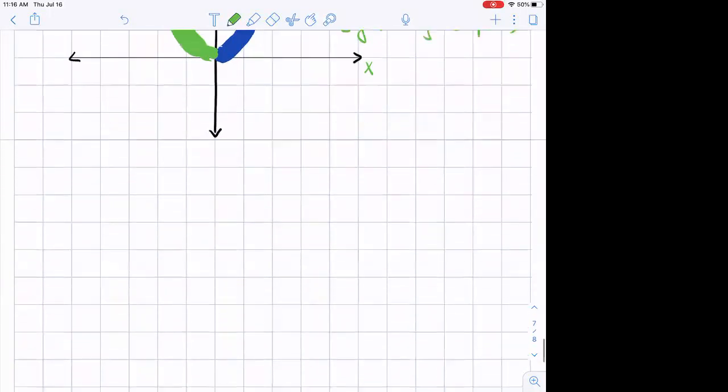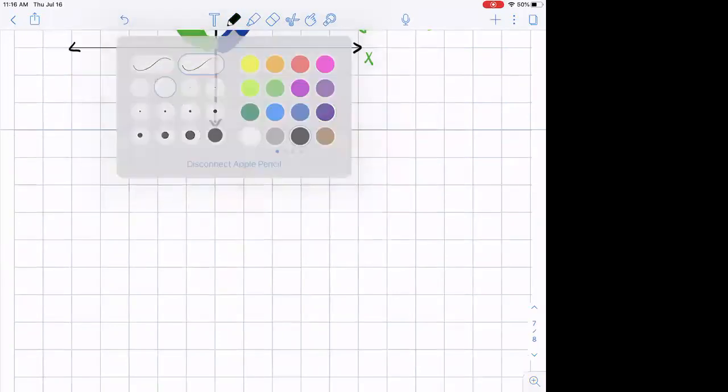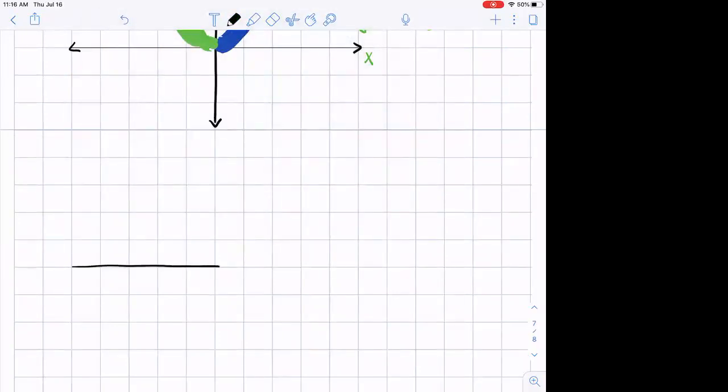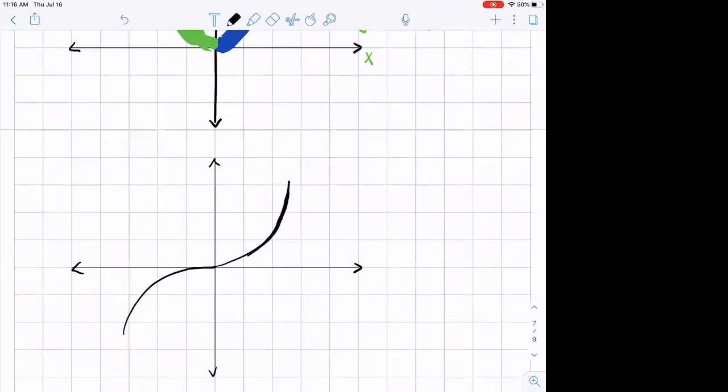If you look at this graph here, this graph is the graph of x cubed.